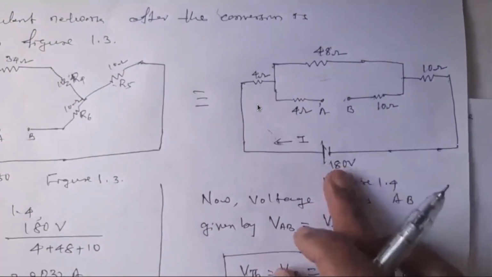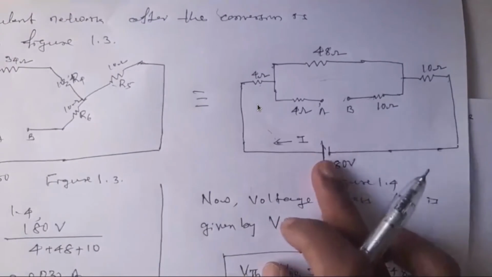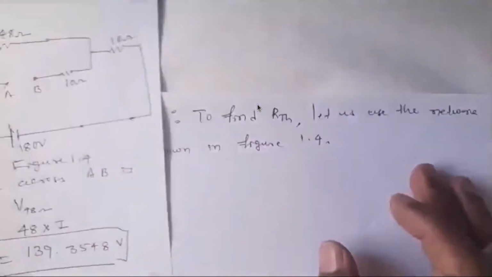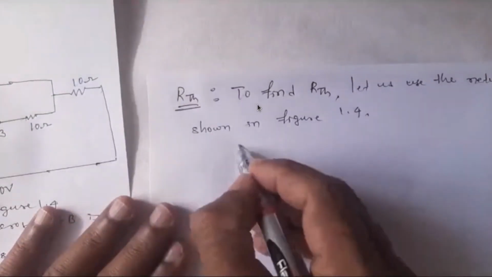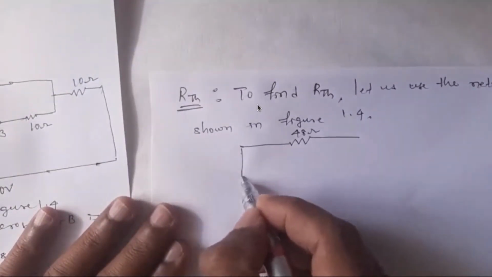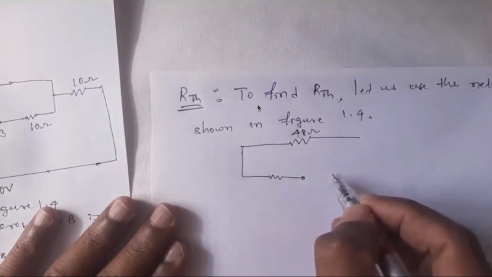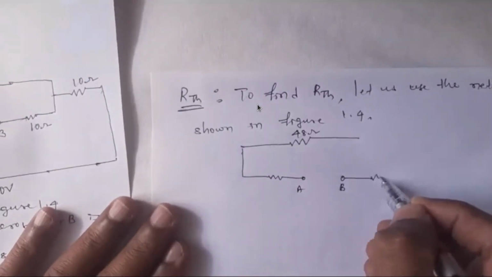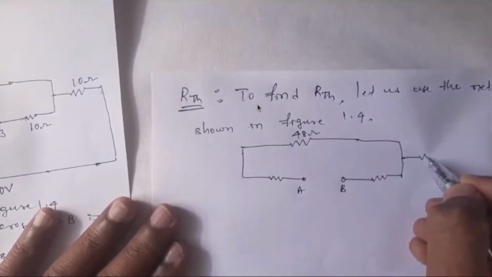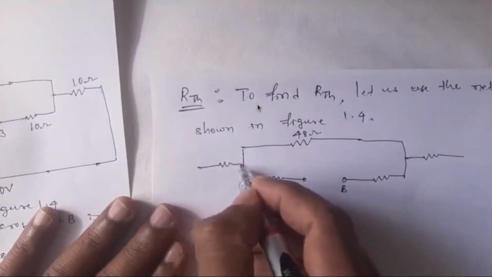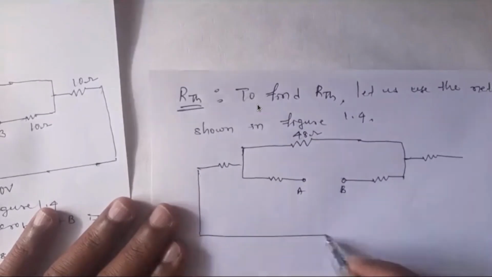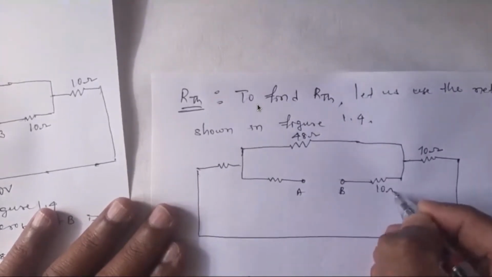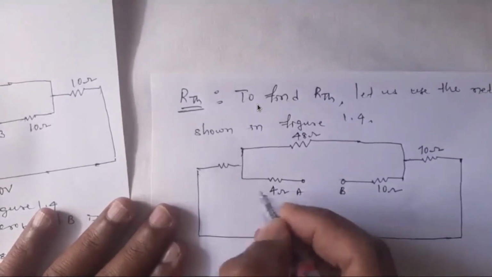Here voltage source is there. This voltage source should be made 0 by short circuiting. So I'll redraw this. You have 48 ohm, and here one resistance, another resistance, one more resistance, here one resistance, and the voltage source will be made 0. It's a 10 ohm, it is 10 ohm, it is 4 ohm, it is 4 ohm.